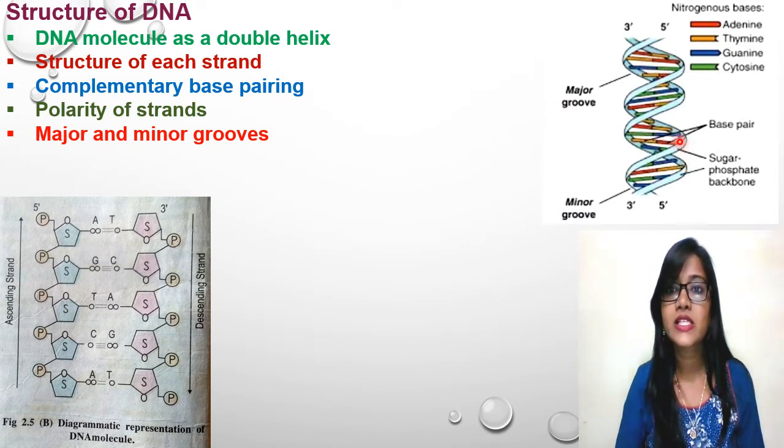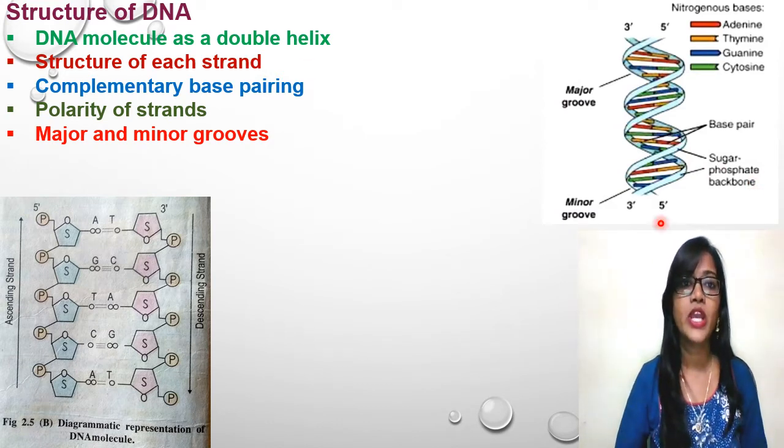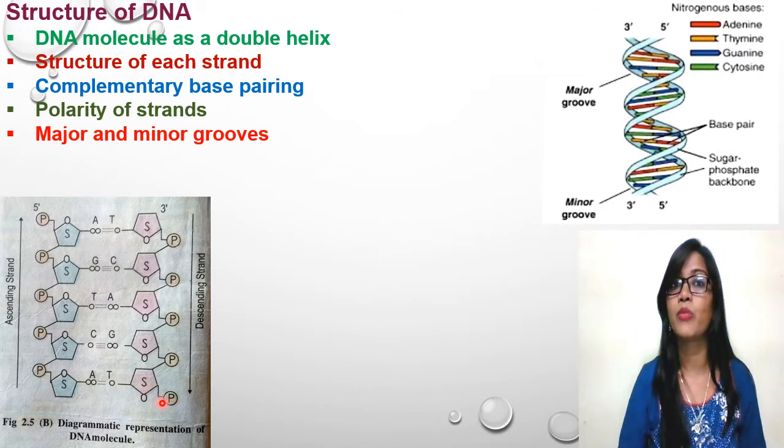Whatever this blue colored ribbon-like part is, that part is nothing but the sugar phosphate backbone. Now what is a sugar phosphate backbone? If you observe this diagram, this is sugar phosphate, sugar phosphate, sugar phosphate. Sugar and phosphate are forming the sugar phosphate backbone. Same with the ascending strand, sugar phosphate, sugar phosphate.